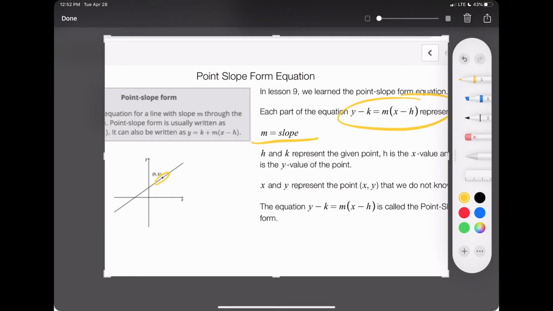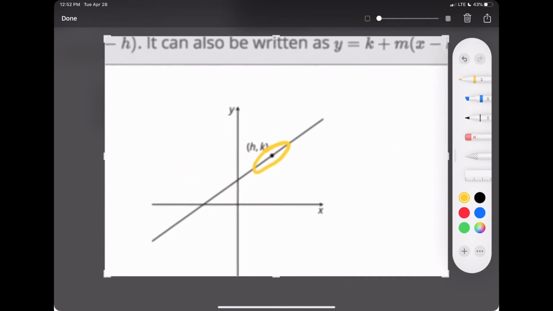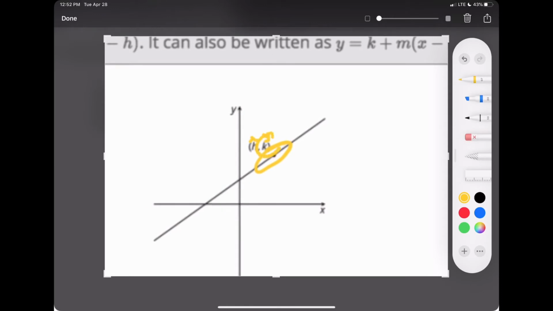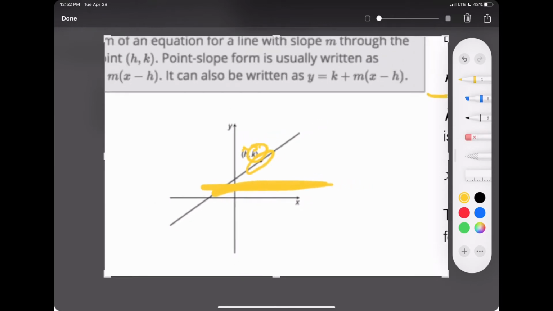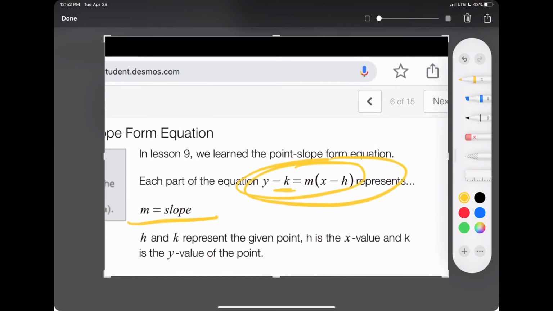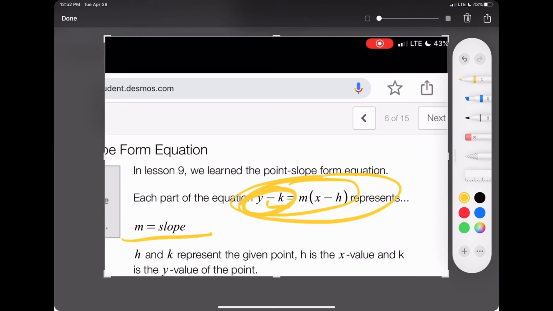And each of these items are within this point slope form here. I had given the tip that your K is always your Y, this is your X, this is your Y, and you see that Y is K. And so therefore, it's next to the Y here. Your H is your X technically, and it's next to X here. Sorry, this is getting a little crazy.